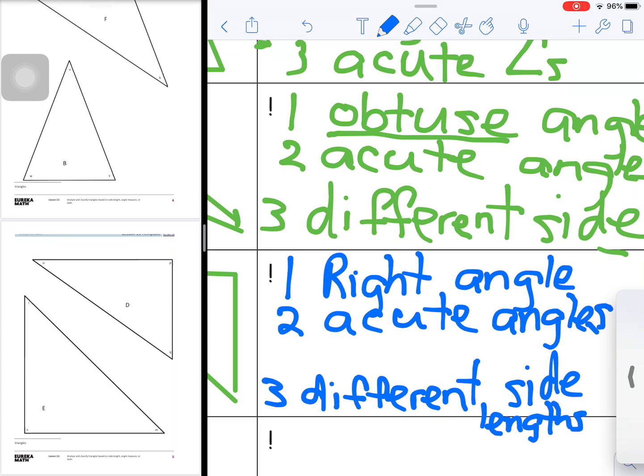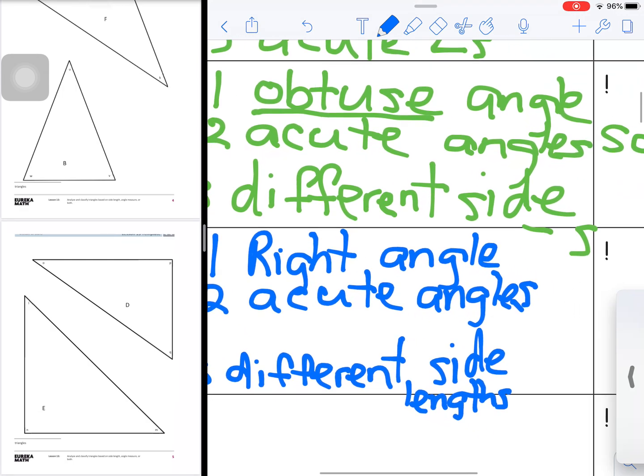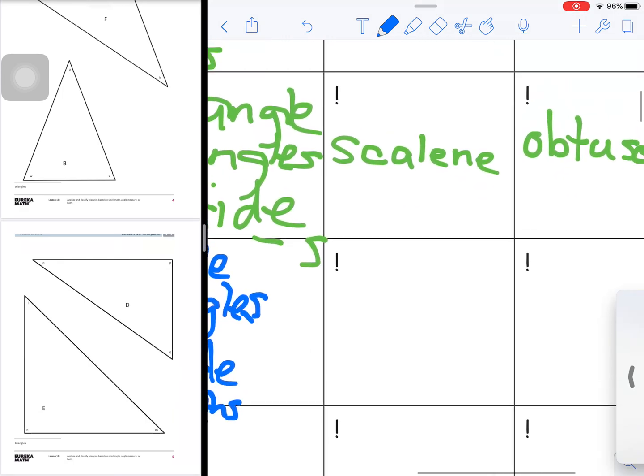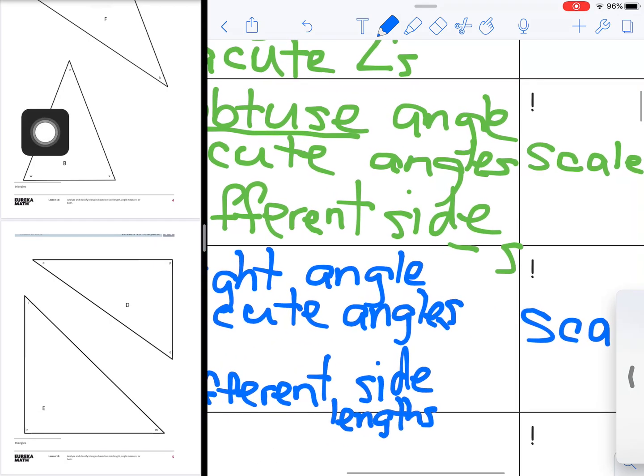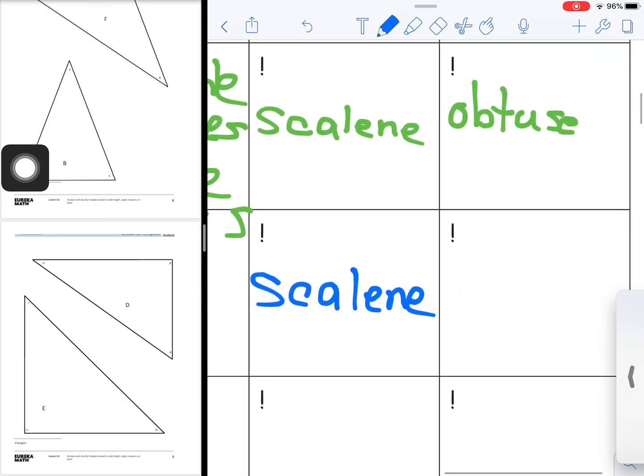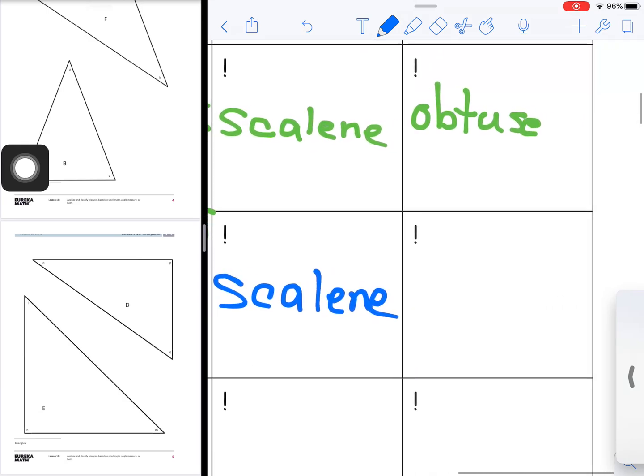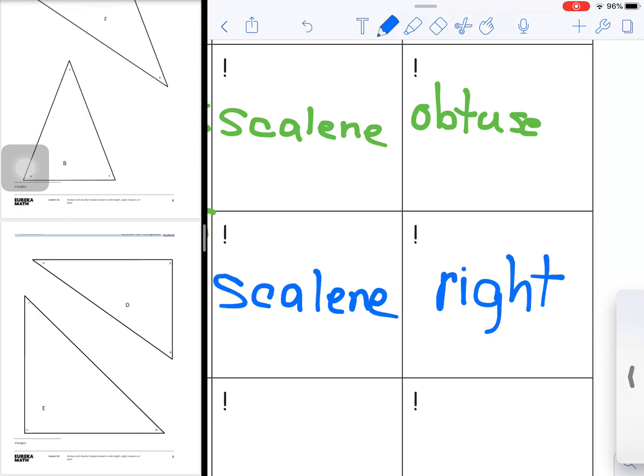Okay, so what have we learned about 3 different side lengths? Yes, this is a scalene triangle, but it does not have an obtuse angle. It has a right angle, and so this is a right triangle.